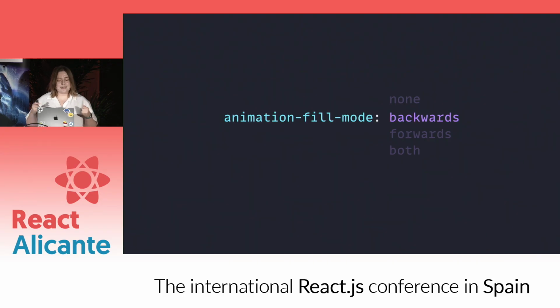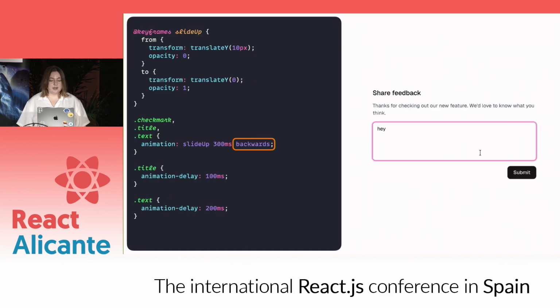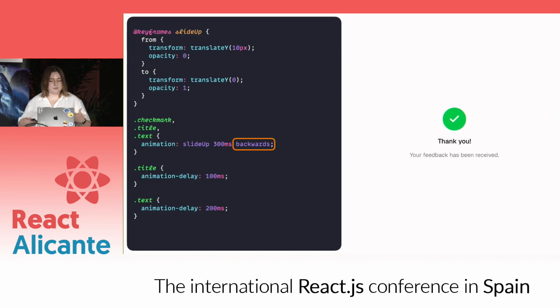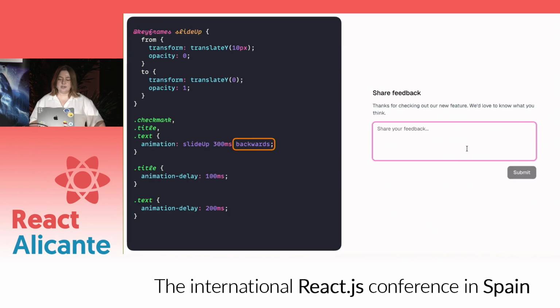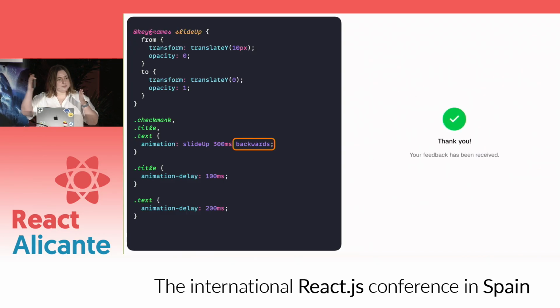It controls what styles are applied to an element before and after the animation runs. Backwards is the one that we need here, because then the element will get the styles from the first keyframe before the animation starts. And now we have a nice animation where you see it just fades down gradually and staggers beautifully. You can see a lot of these animations in my slides as well, where elements move up a little bit.